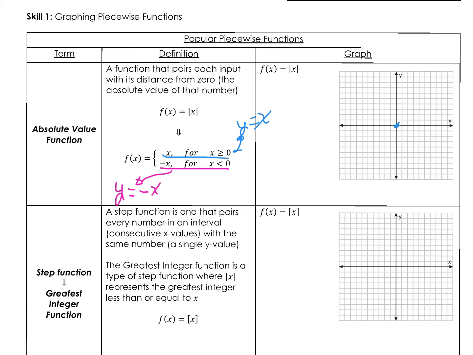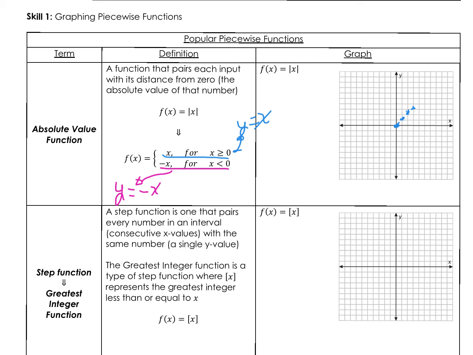So that's going to look like a point right there. And then if x is 2, because I keep going greater than 0, y is 2. Plot there. And 3, if x is 3, y is 3. And so forth. So I'm going to connect this with a straight line.